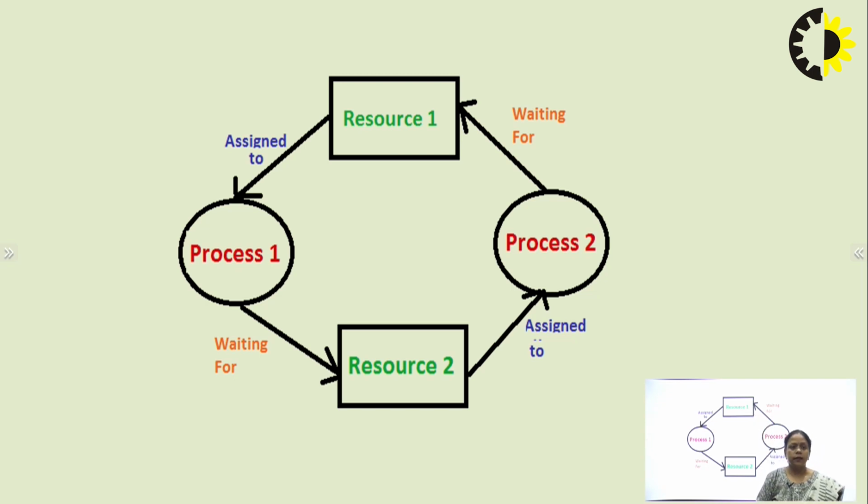So both of the processes cannot start because of lack of resources. When process 1 gets both resource 1 and resource 2, then it will start execution. And when process 2 gets resource 1 and resource 2, then it will start. So both of the processes are in the deadlock situation because they cannot proceed because of the lack of resources.